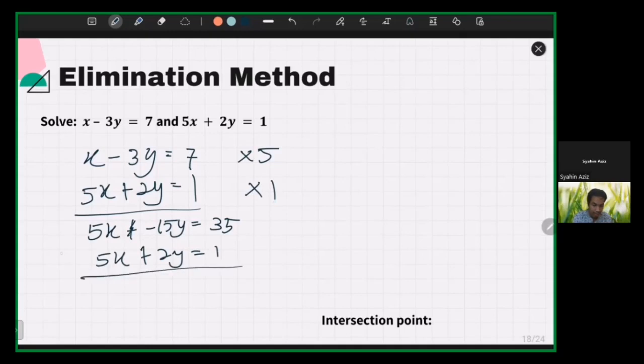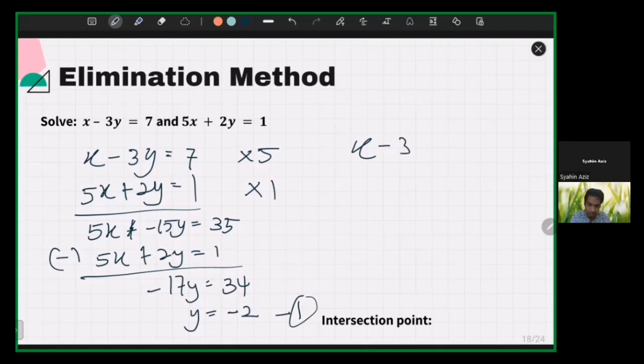And then we subtract. And we get negative 17y equals 34, right? So y equals negative 2, right? So from here, you can use the substitution method. For example, like this, x minus 3(negative 2) equals 7. Then x plus 6 equals 7, x equals 1, right? So we get the same point as (1, negative 2).